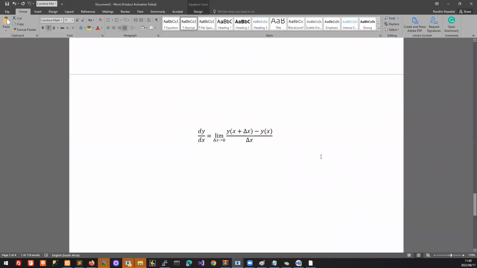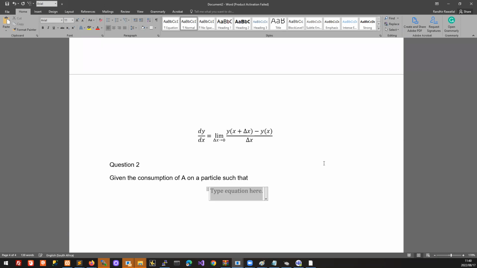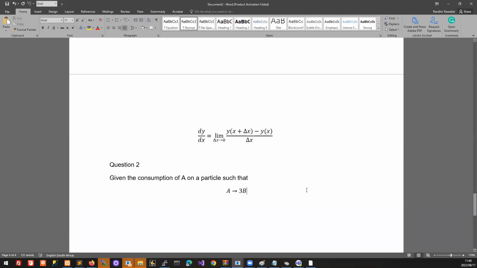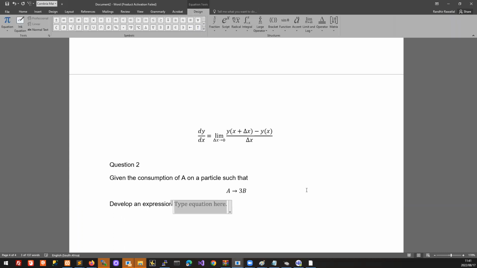So let's just restate the problem here. Question 2, if you like: given the consumption of A on a particle such that A gives us 3B, develop an expression for CA as a function of t and r.